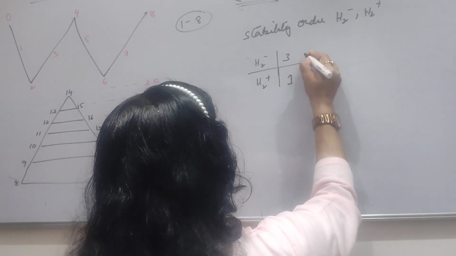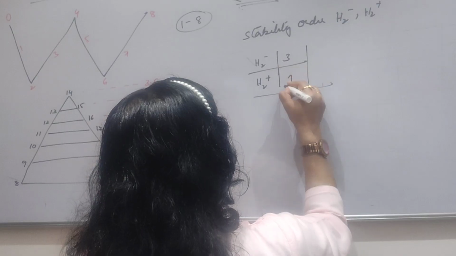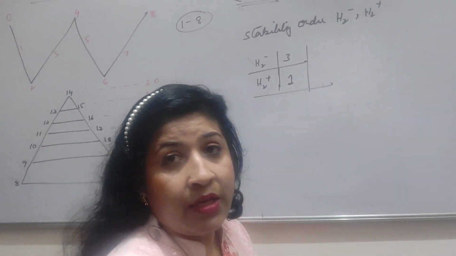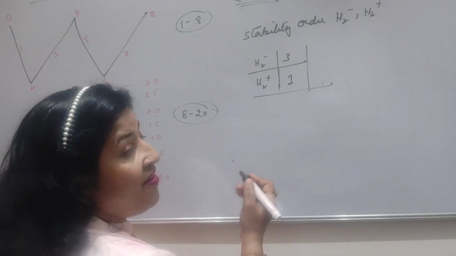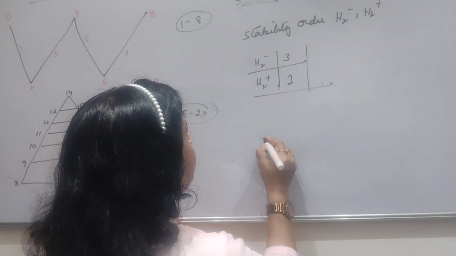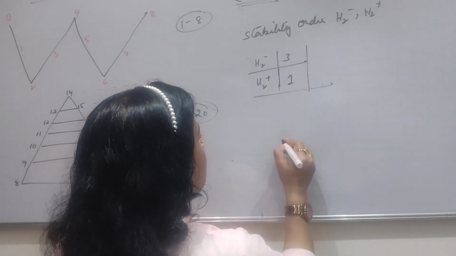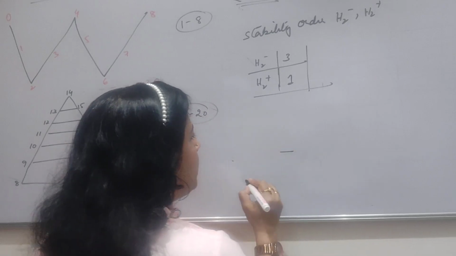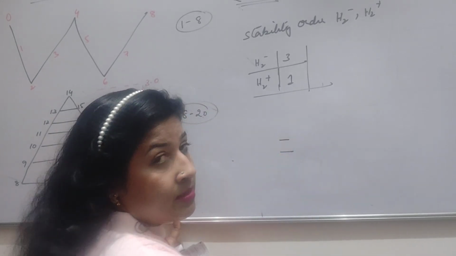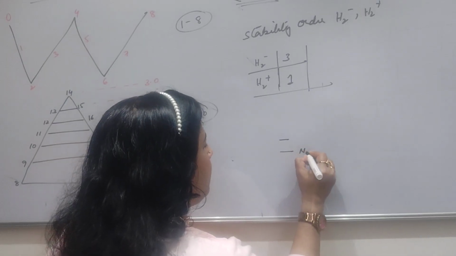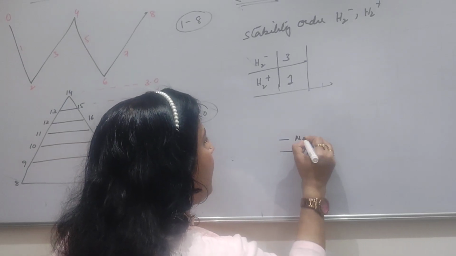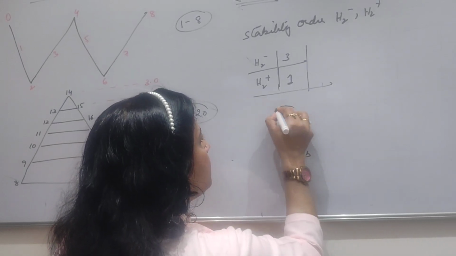Now, suppose I am going with molecular orbital theory, so I have 3 electrons for hydrogen. This is the bonding and anti-bonding, NB and Na. This is for H2 minus.